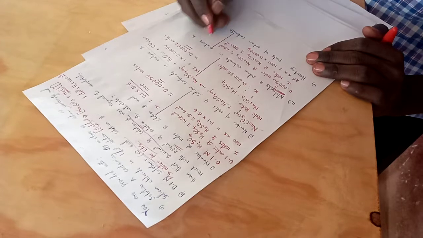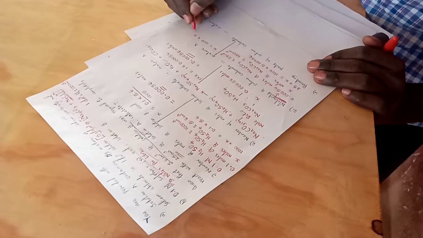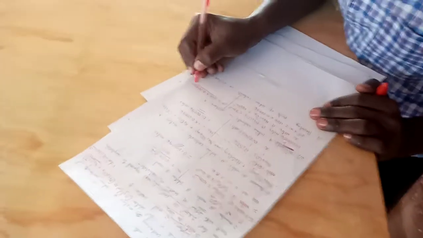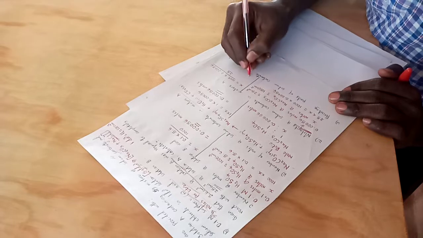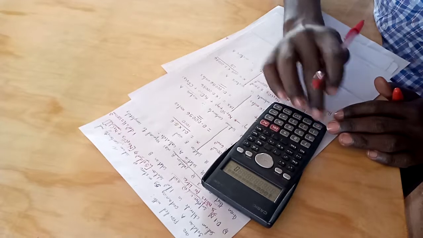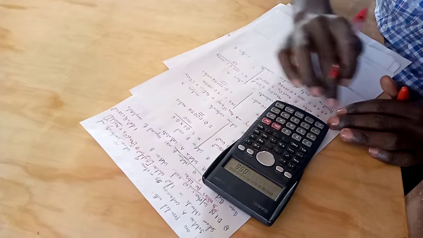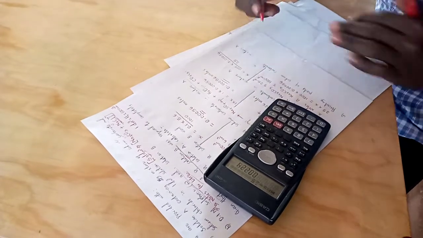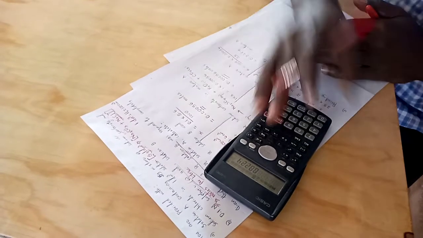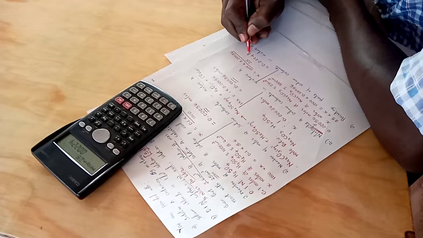Now this means that x can be calculated as 1000 times 0.00056, and then all that divided by 25. If we do this calculation, 1000 times 0.00056, and then that answer divided by 25, gives us 0.0224.